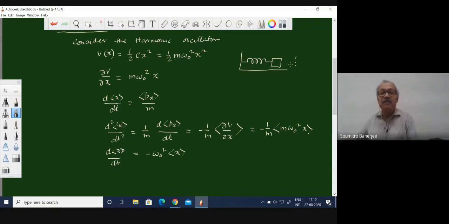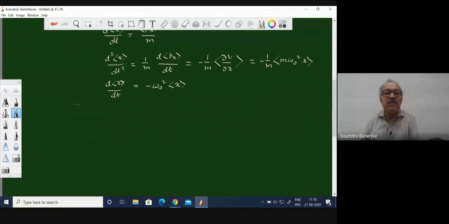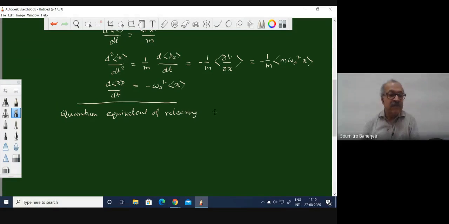Your momentum at that point of time is 0. What will be the quantum equivalent of releasing the oscillator at rest? Rest means essentially p is equal to 0.